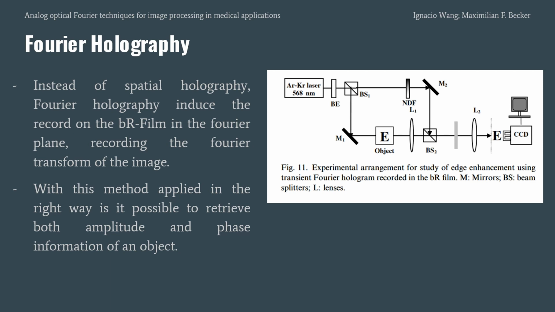The reference beam, together with this image that was saved in the film, can reconstruct our hologram with all the information that's in there. So by first recording and then reconstructing the hologram, we can retrieve all the information about phase and amplitude of our earlier image.